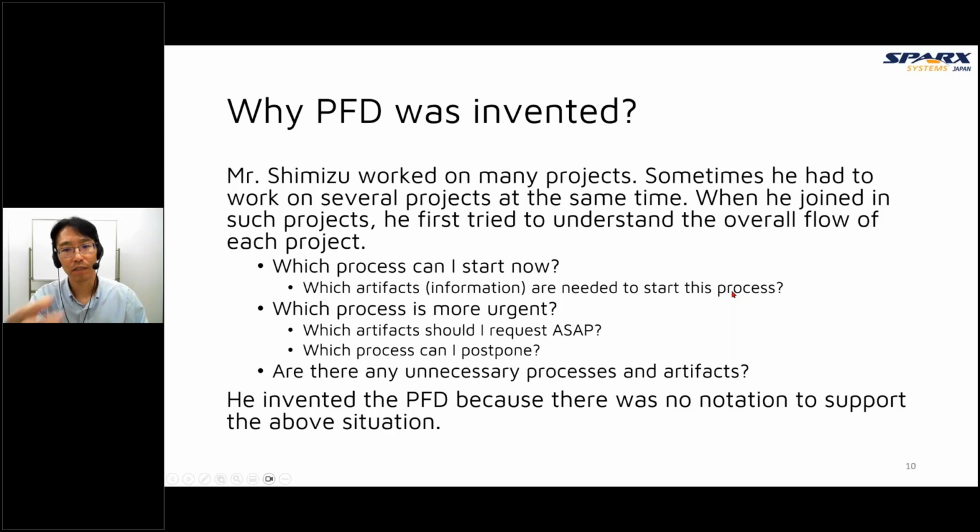He had to write down this information and share it to change the current process. He had to show the current situation and current process among the stakeholders and discuss changing to a better process. But at the time, there was no suitable notation that was easy for everyone to understand. So he invented the process flow diagram.